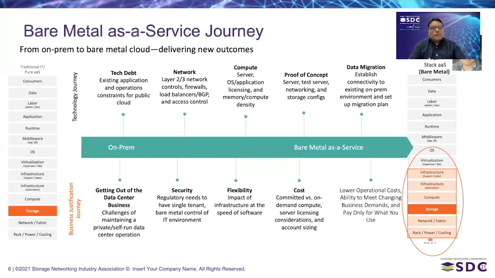At the same time, a lot of business owners are also getting out of the data center business. They don't want to own any more data centers, and yet the cloud is obviously not a very cost-optimized way of dealing with day-to-day business. So where is the middle ground, and how do we address that?